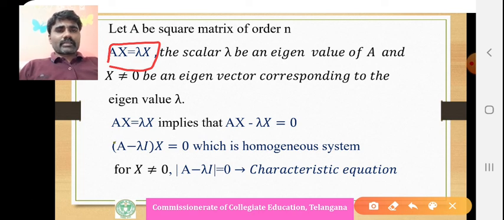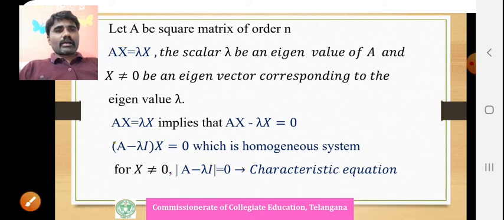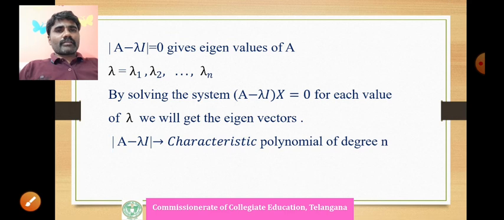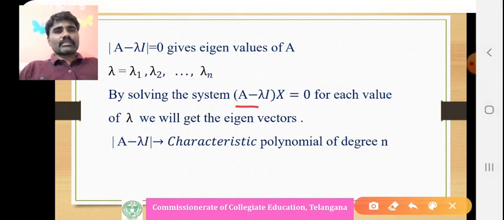These eigenvalues are determined by using the characteristic equation, determinant of A minus lambda I equal to 0. By solving this equation we will get the eigenvalues. If A is of order n, then we will get n eigenvectors, and the eigenvectors are given by solving the system A minus lambda I into x equals 0 for each value of lambda equals lambda 1, lambda 2, up to lambda n.